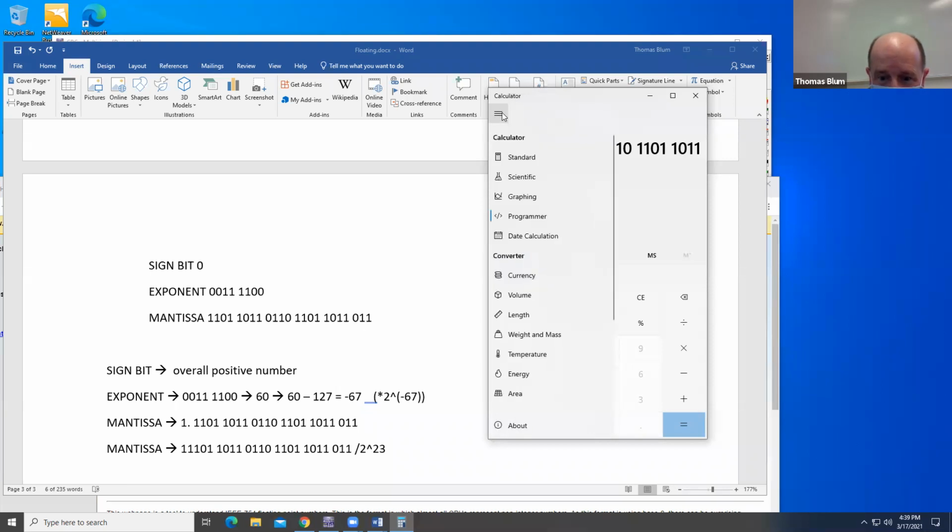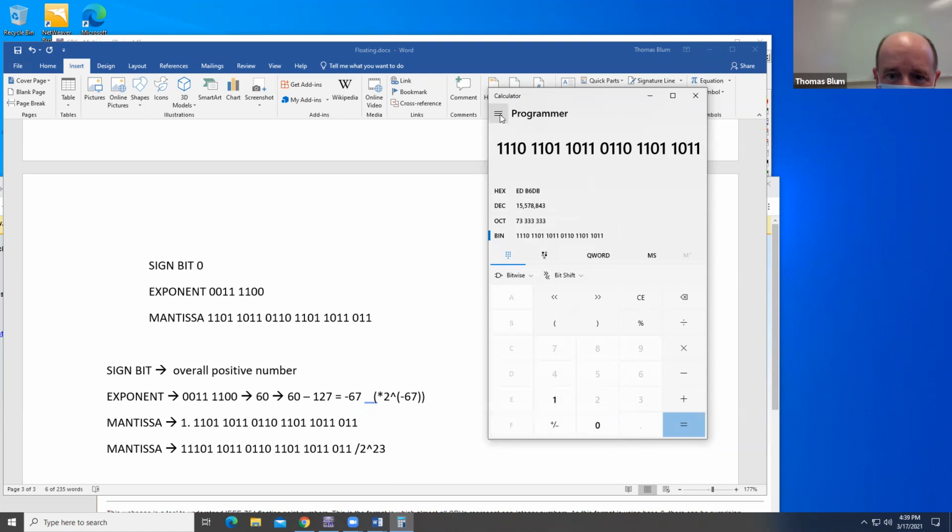If for some reason you don't have digit grouping, it used to be a choice where you could have it or not have it. Somewhere it's a choice, but it chose it for me and I like it, so I'm going to stick with it. It's got 1, 2, 3, 4, 5, 6 groups of 4, which is 24, and that's right for me because I brought that 1 back. And here's the decimal number.